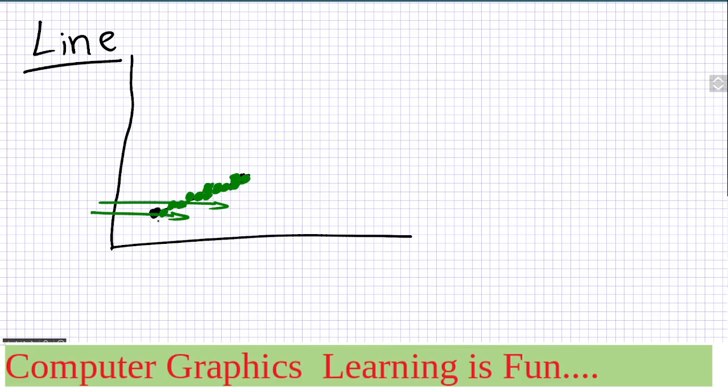Now at some places it is not a smooth line. At some places staircase-like things are visible. Okay, isn't it? So this stair step appearance, let me name it stair step appearance.